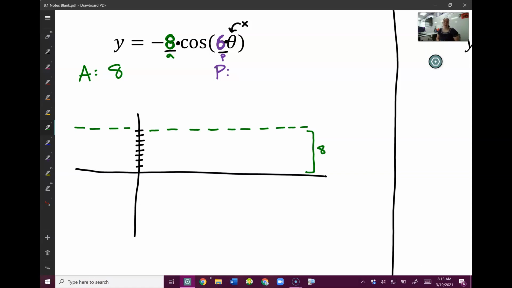And that's going to be the top of my wave. My wave's going to go up to that point. To find the point your wave goes down to, you're going to go down the amplitude amount. 4, 5, 6, 7, 8. So now I went down 8.